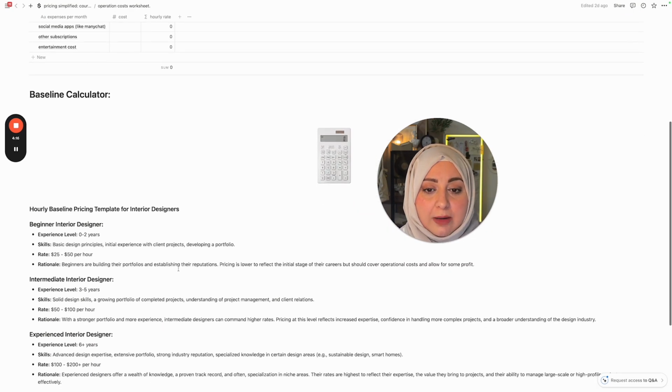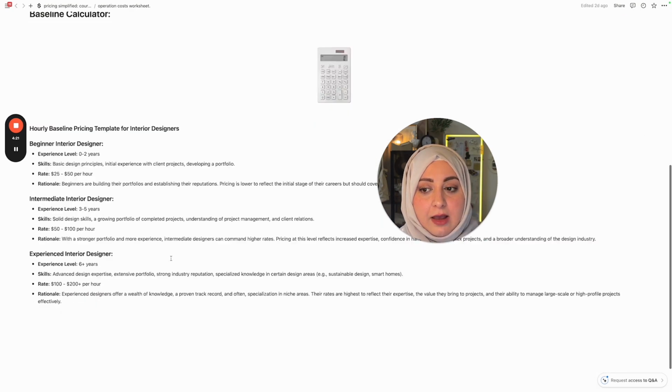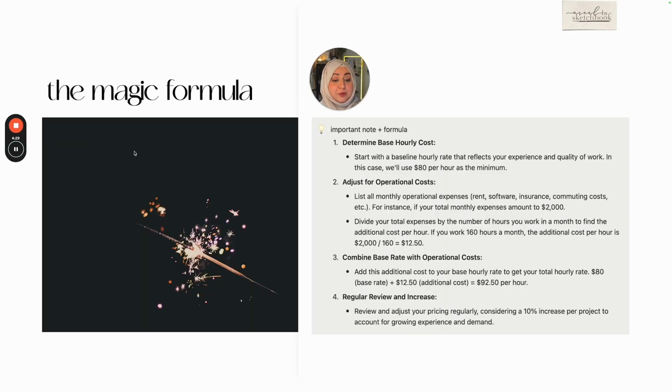Now, when we're talking about the baseline calculator, these are some suggested rates. To calculate your hourly fee, you start with the baseline cost, which is on the Notion sheet. You'll find at the end of it the different baseline costs depending on your experience. And of course, you can even expand to the location as well and understand how your location affects that price.